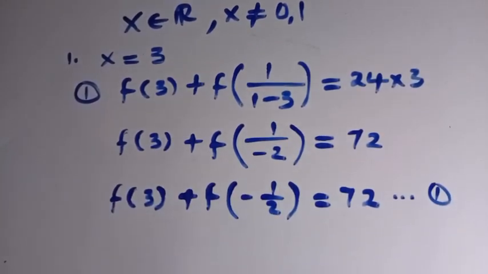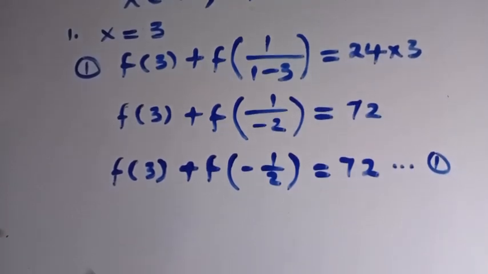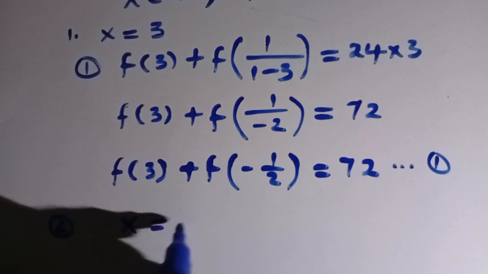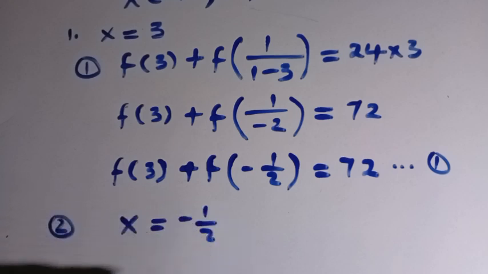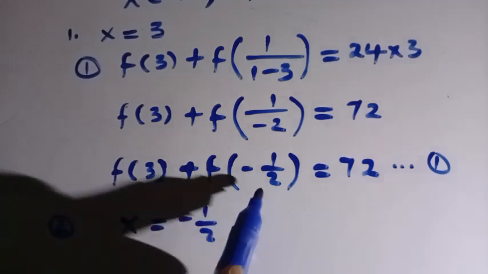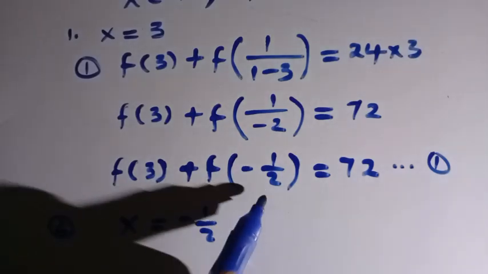And again, from this equation 1, let's say I let x equals minus 1 over 2. How did I know this? It's very simple. I got it from here. So this one now becomes our x.